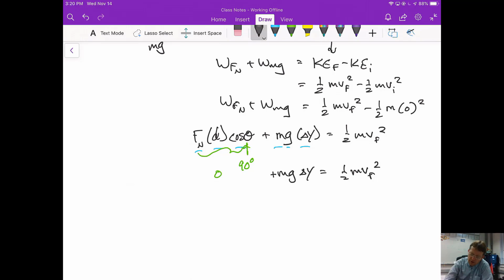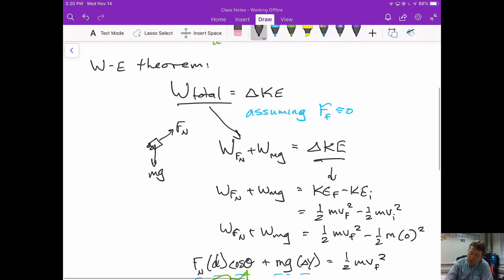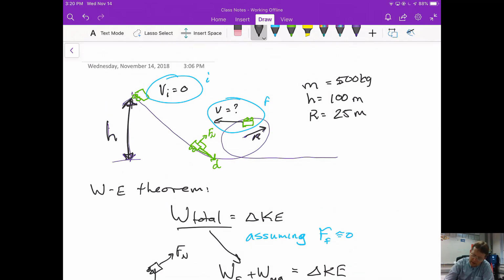Delta y you can also think of as y final minus y initial. Assuming this is a circular loop, y final is 2r above the ground, because r is the radius of the loop. So y final minus y initial is h minus 2r.